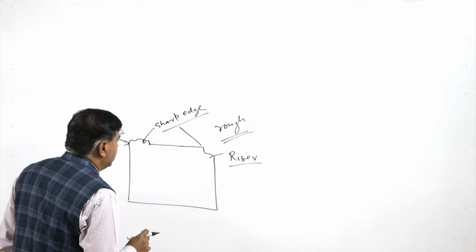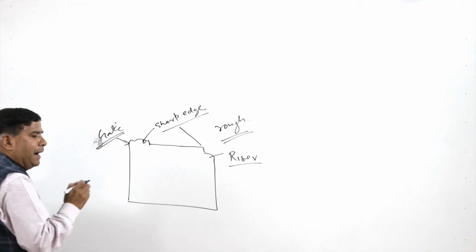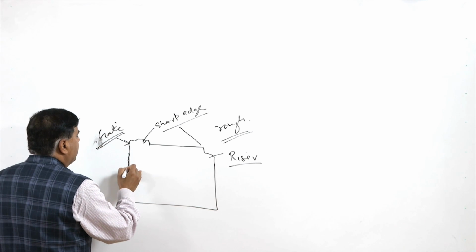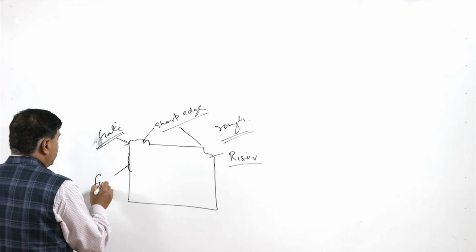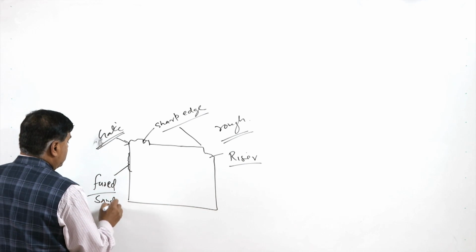Apart from that, if the molding sand has poor refractoriness, then it will melt and fuse. So, some of the fused sand may also get attached with the casting. So, fused sand also needs to be removed.